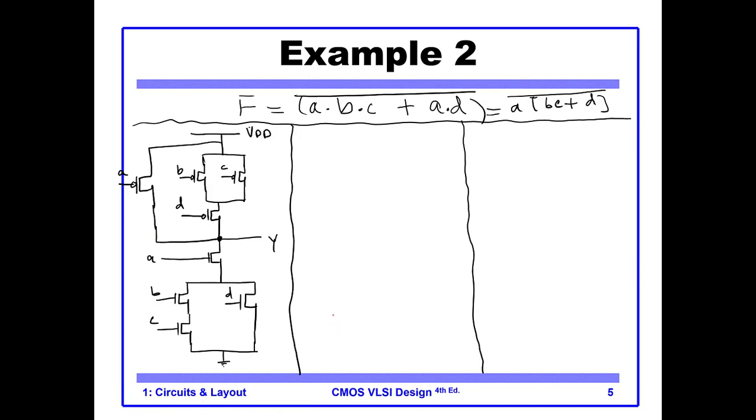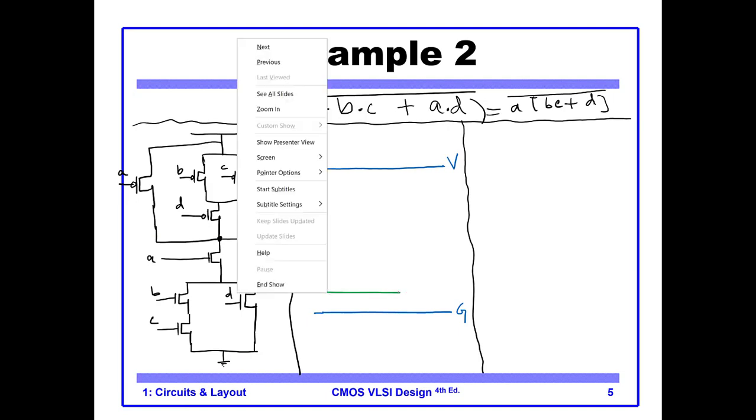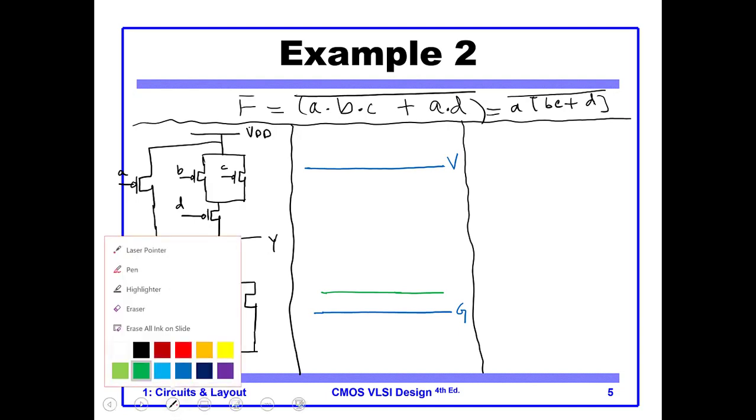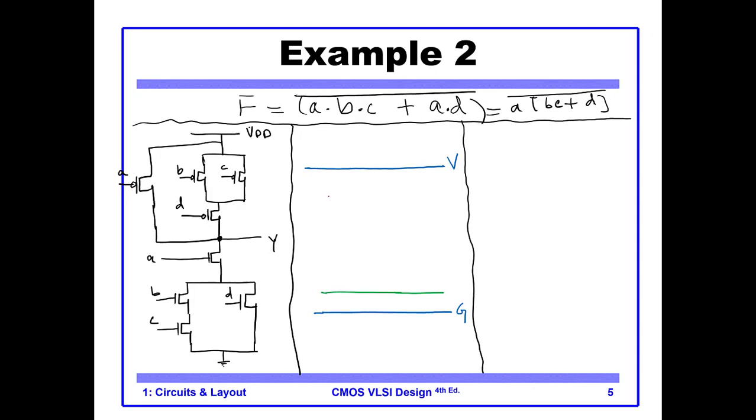So we first draw our ground line, so I just say G, and then we draw our VCC line, which let's say we call V. Then we change the color, and this is our N-type region, and similarly we draw our P-type region.